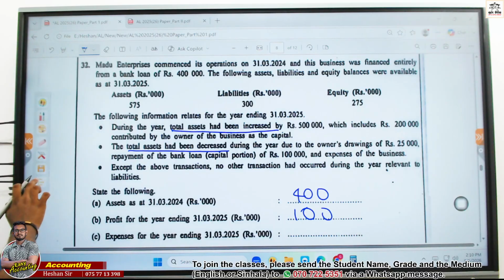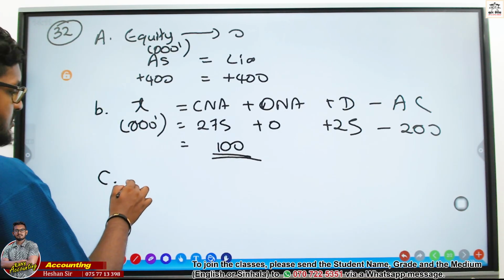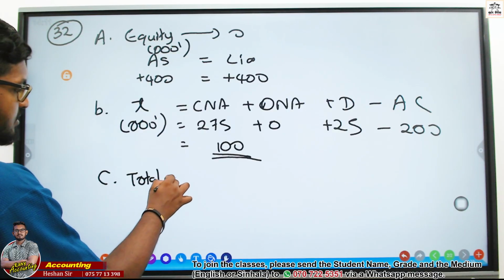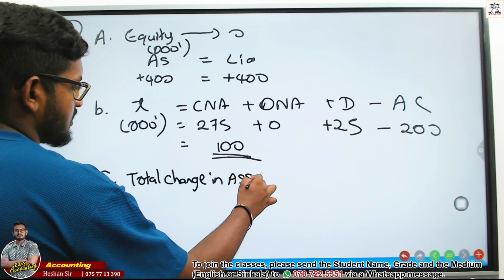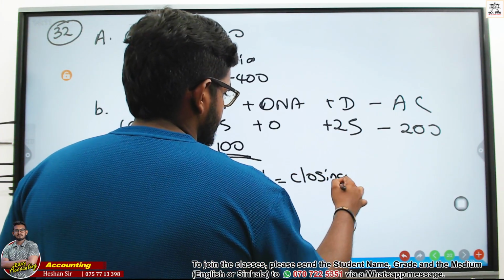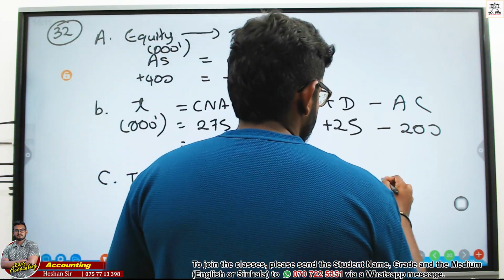Now it's like this, you can see, right? Assets ඇත්තටම මොකද වෙලා තියෙන්නේ? Total change in assets, you can see closing assets minus opening assets.